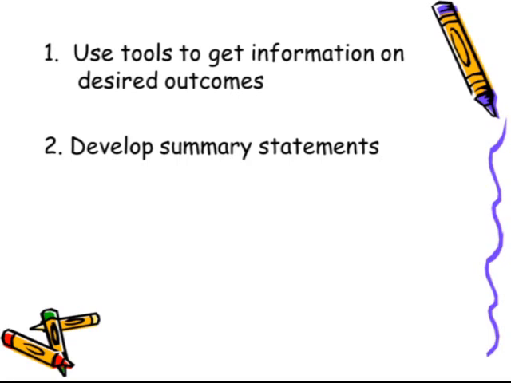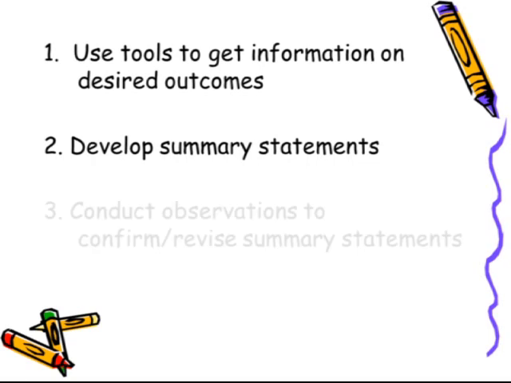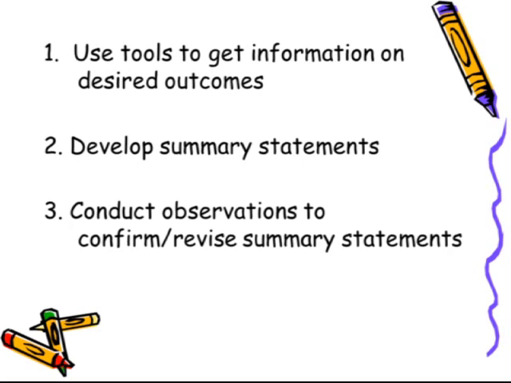So, the process is this. You use these different tools to get information on the functional assessment outcomes that we listed already. Then you develop some summary statements. Summary statements are hypotheses that are based on the information you have. Then you do some observations.